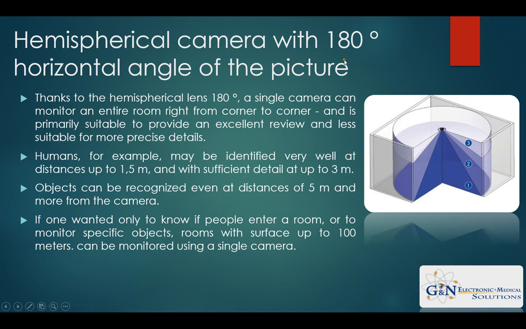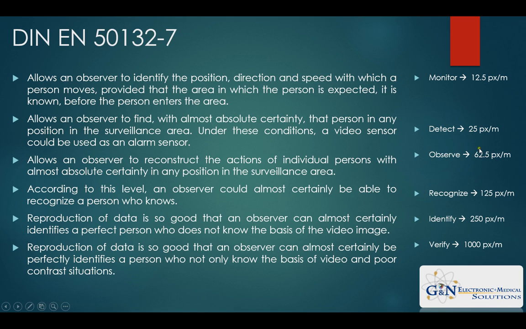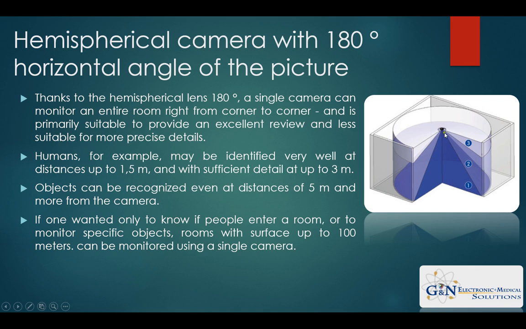So with a hemispherical camera, of course, things are not so certain. So more or less, we introduce three areas where we can have some kind of information from a hemispheric camera. Hemispheric cameras are mostly used for observe, detect, or monitor, based on where the camera is and what the position of the camera is concerning the height.